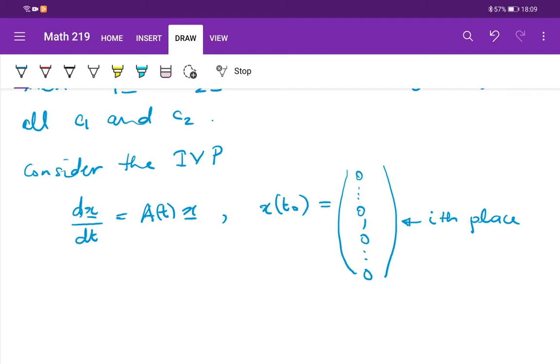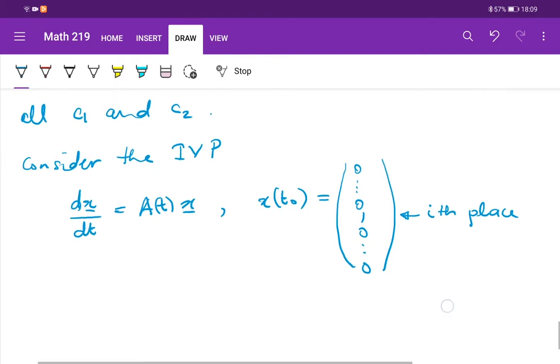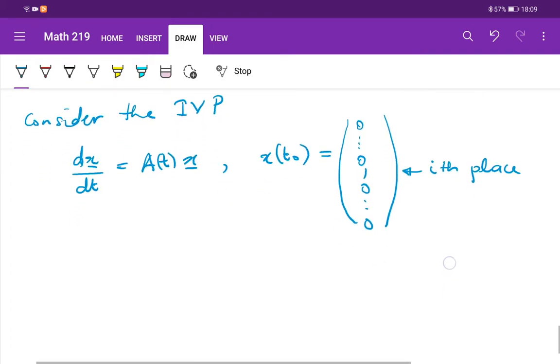By the existence and uniqueness theorem, this is a system of linear first order differential equations, so it has a unique solution for any initial condition. So we know this has a unique solution. Let's let xi(t) be the unique solution.